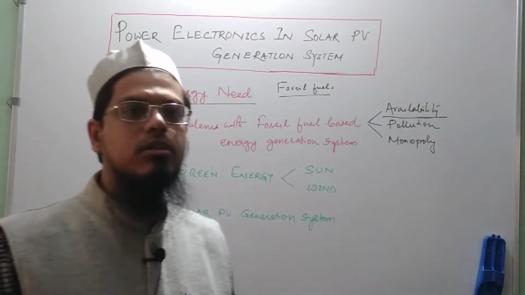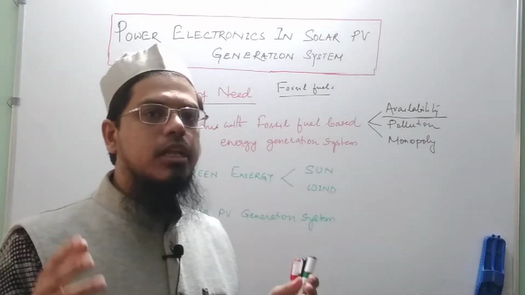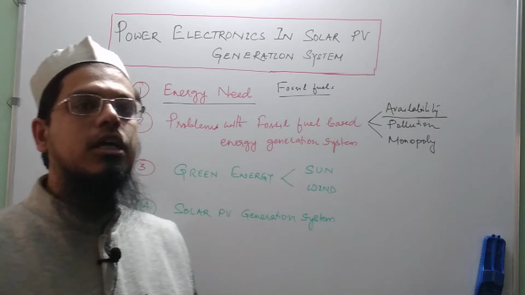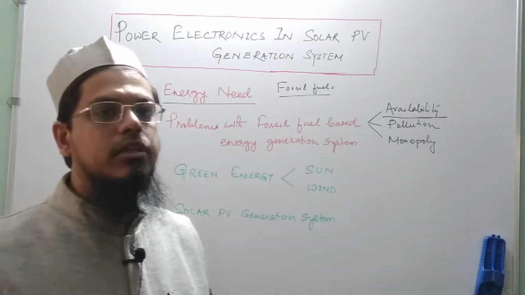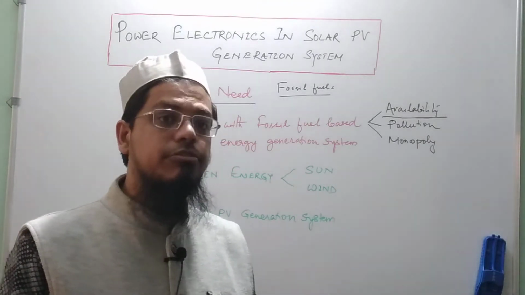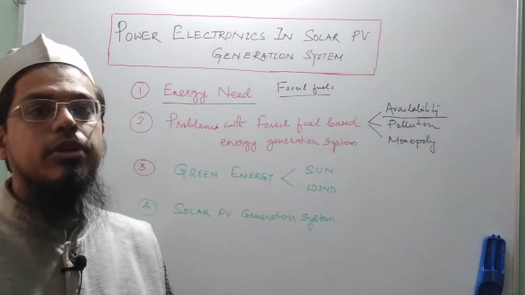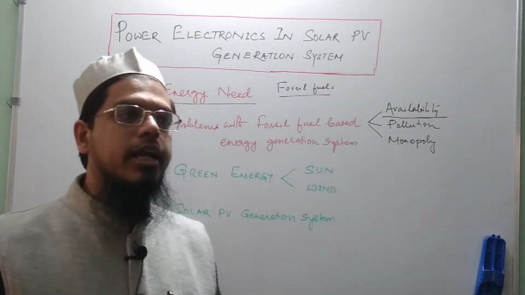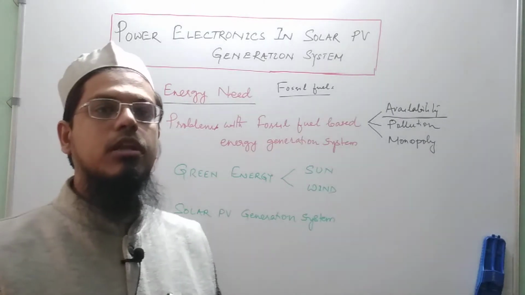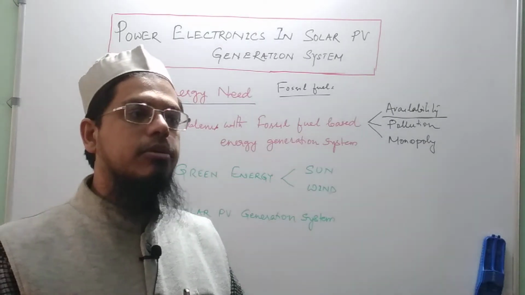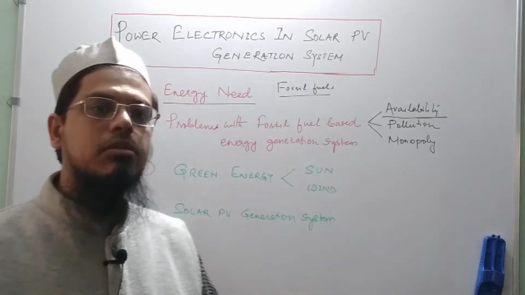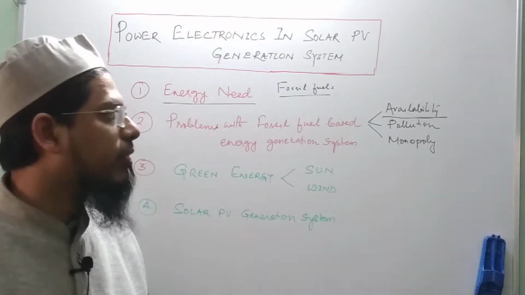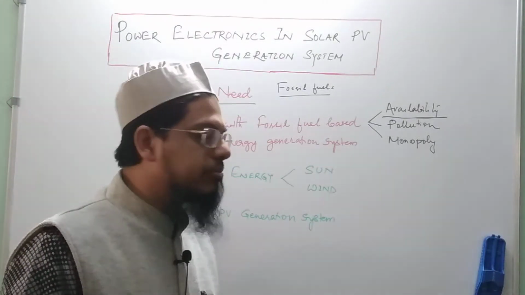It is present in limited amount, and with the present rate of consumption it is actually feared that they aren't going to last for more than 200 or 250 years. Okay, and even some other resources like oil is going to exhaust even much earlier. Okay, so this is a big problem.